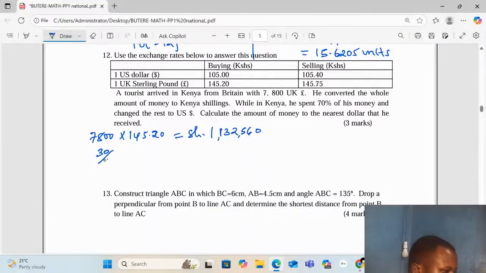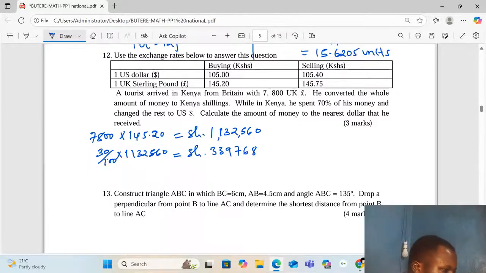So the balance is 30% of 1,132,560, so that we see the remaining balance to be 339,768. This is the remaining amount of money that he converted to US dollars.